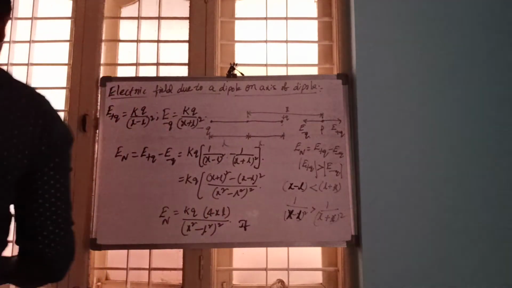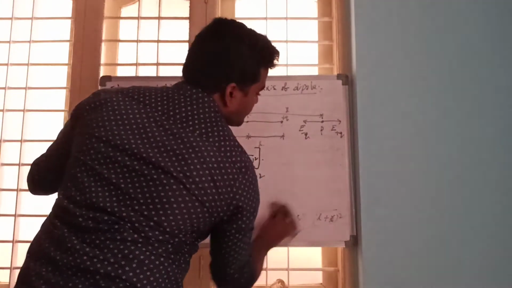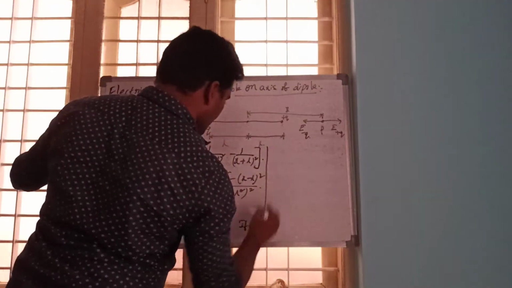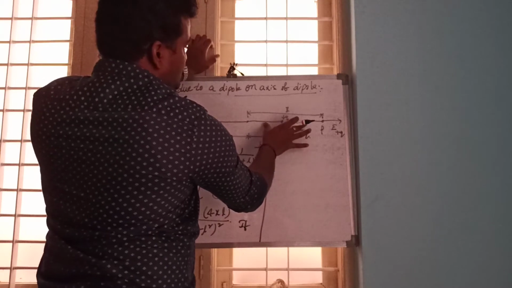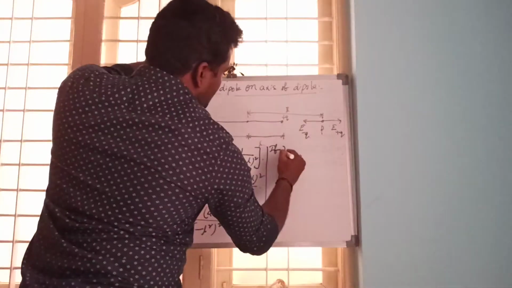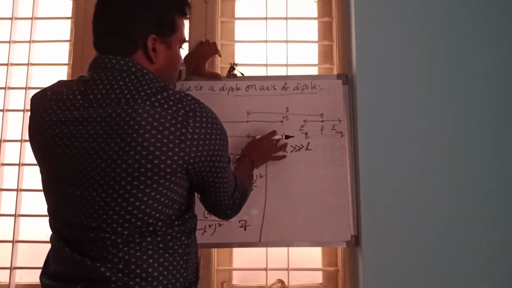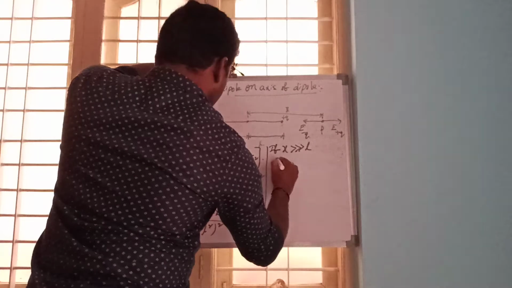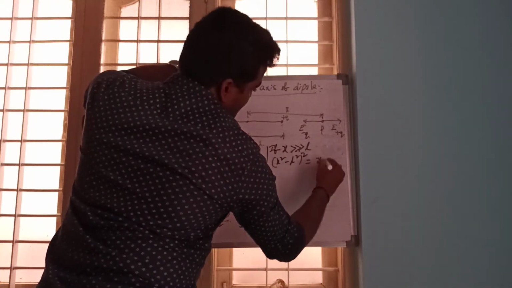If the distance between the point and the center is very much greater than half of the length of the dipole, then (x square minus L square) whole square will be x power 4.